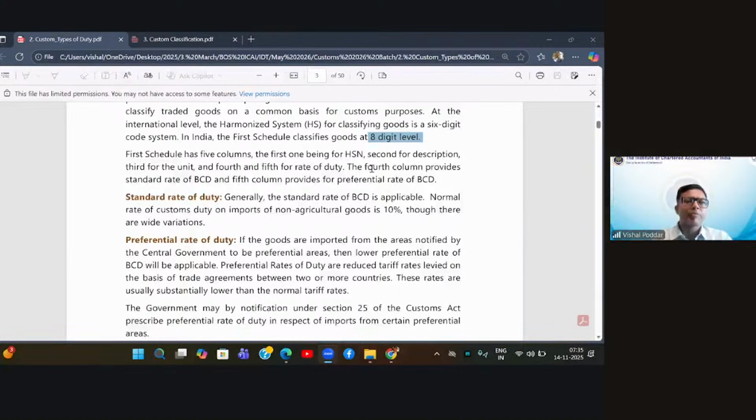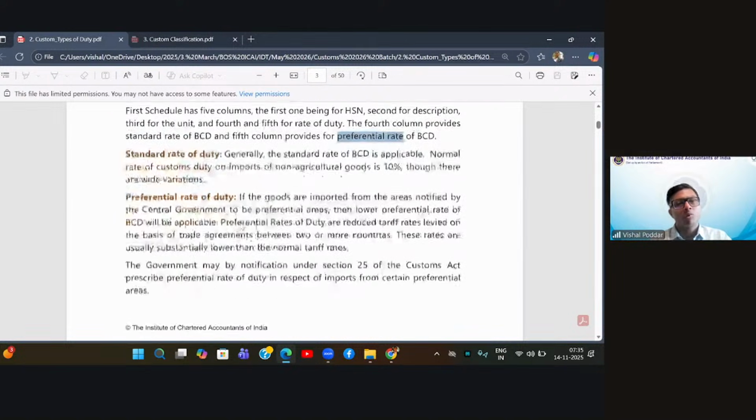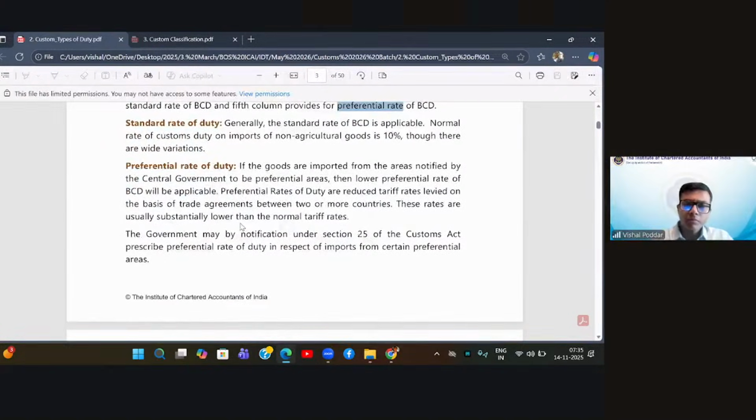Now the question will come, why do we have two columns? The answer is the fourth column covers the standard rate, which is applicable to all, and the fifth column covers the preferential rate. So both are rates of basic customs duty, but the standard rate is the rate which is fixed by the government for all goods.